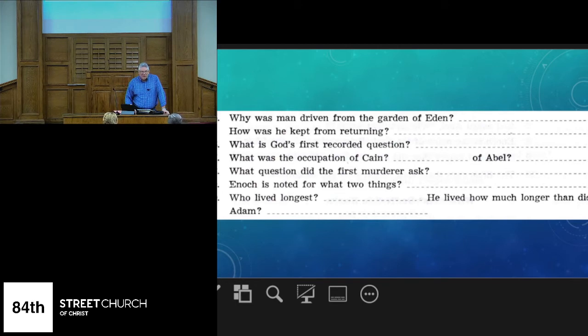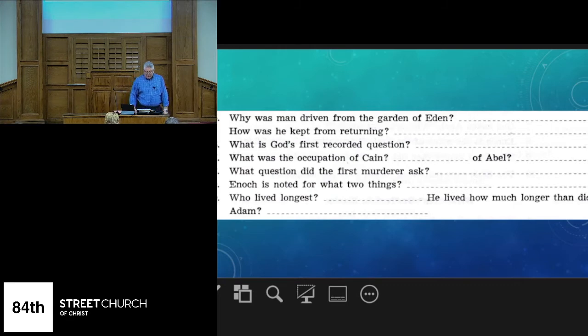He knew where they were. That wasn't the point. The point is they had not hidden from him before because they had no reason to. Now they're hiding. They didn't have the light. They had done wrong.